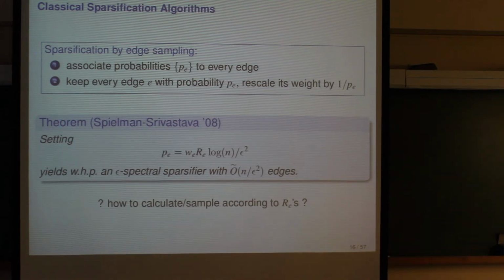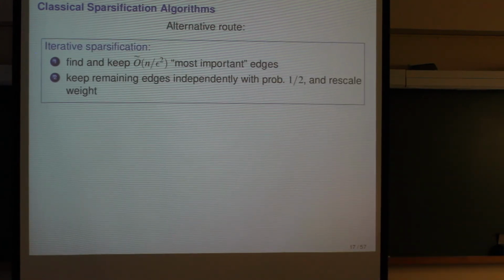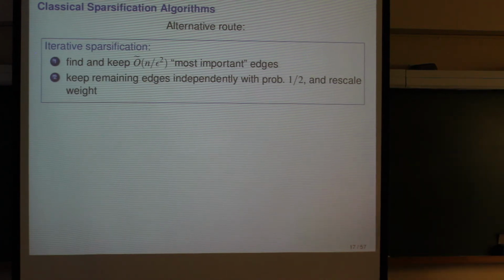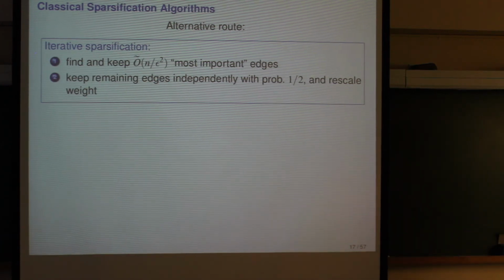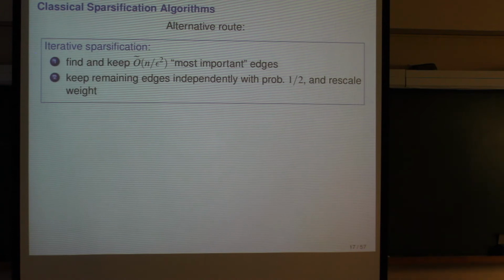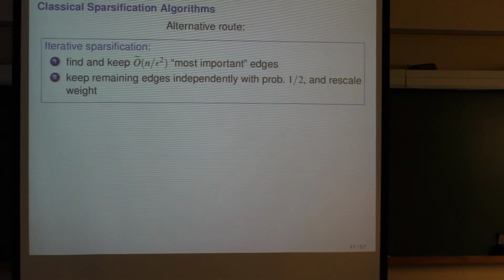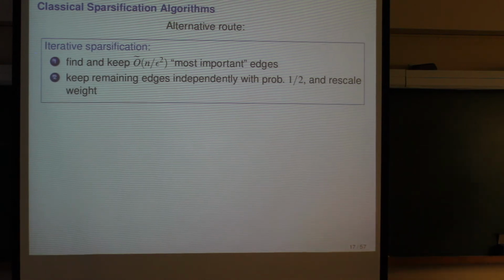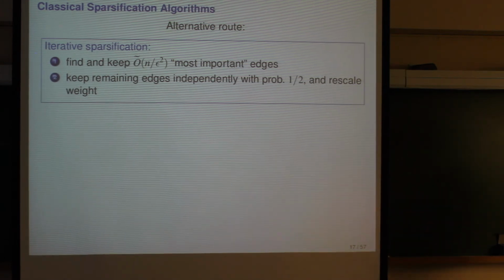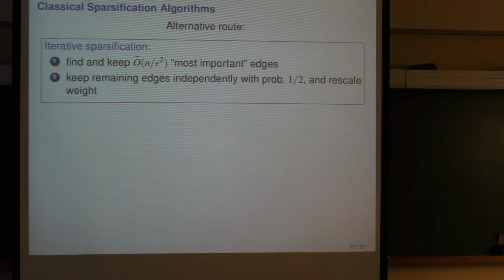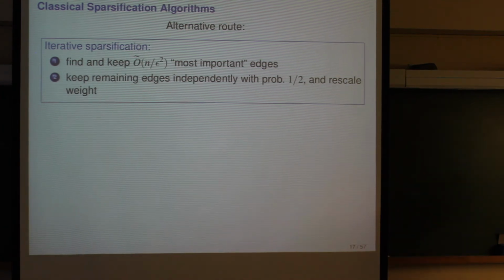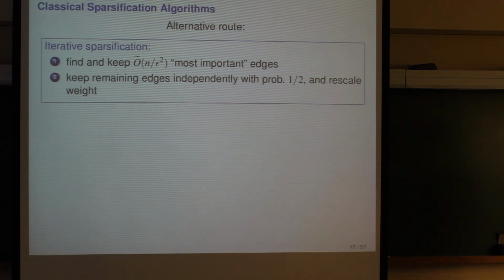It's a very non-trivial thing. So there's an alternative route to creating a sparsifier, which is somewhat more combinatorial. You find and keep the n over epsilon squared most important edges, and then uniformly degrade the other edges.